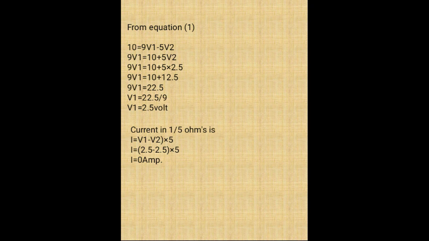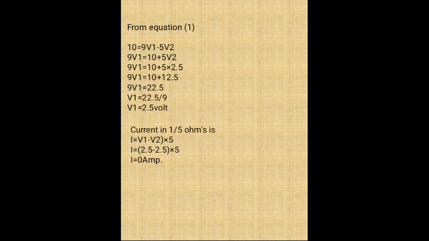So 9V1 is equal to 22.5, and V1 is 22.5/9. So the value of V1 is 2.5 volts. It means at node number 1, the voltage V1 is 2.5 volts.